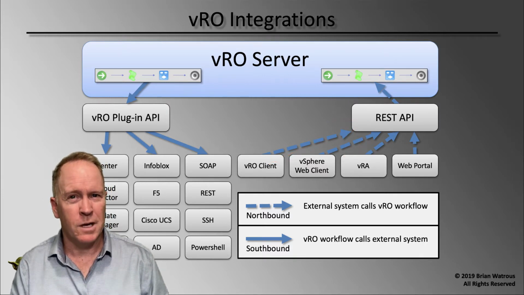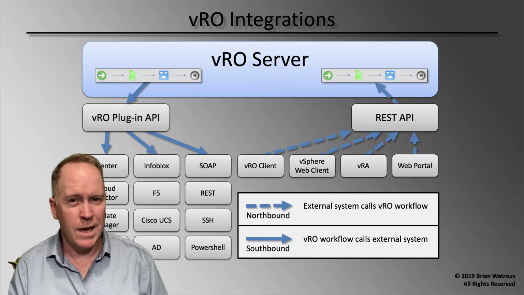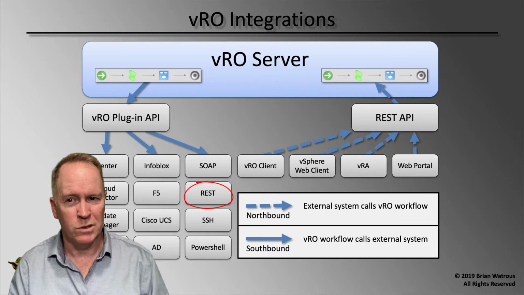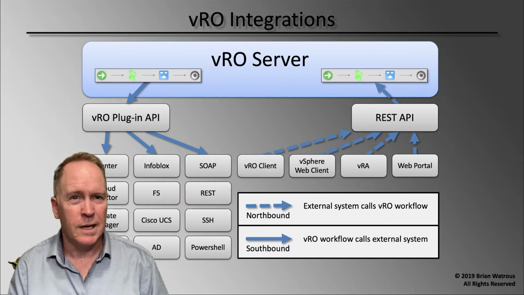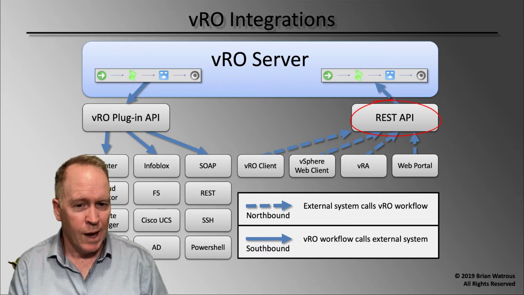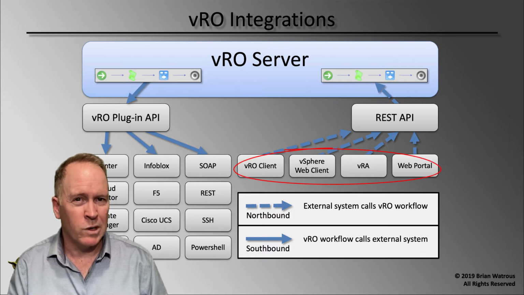Now, don't confuse the REST client plugin with the Orchestrator server's REST API. The REST client plugin is used when you write a workflow that's going to talk to some server that speaks REST. The REST API that Orchestrator exposes is used by clients such as these to do things in Orchestrator.